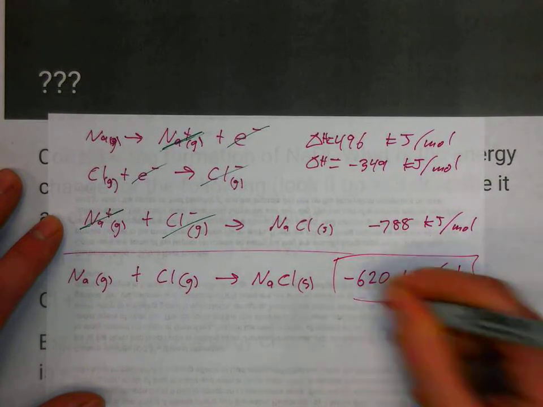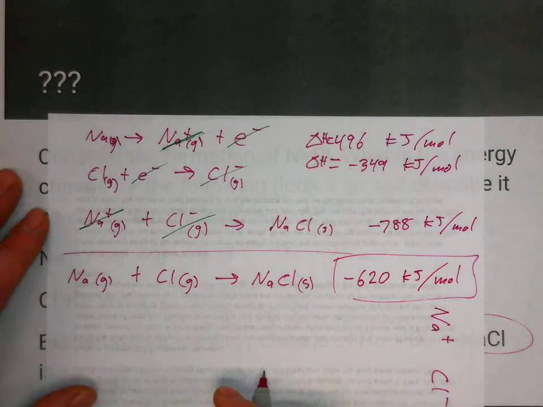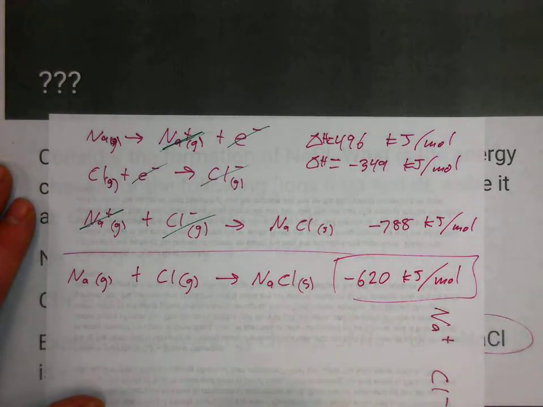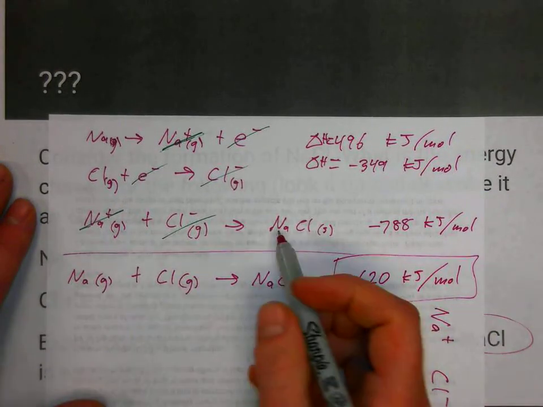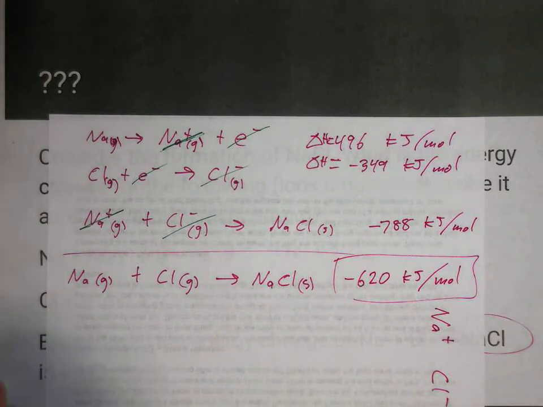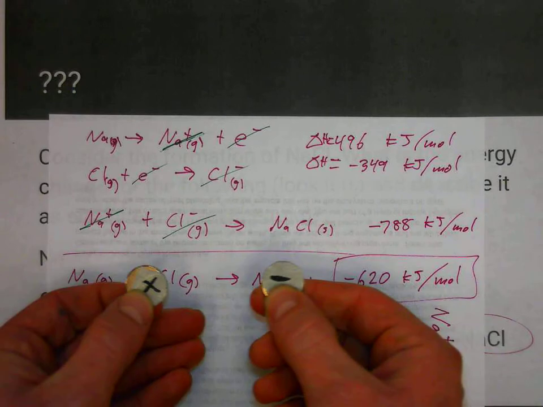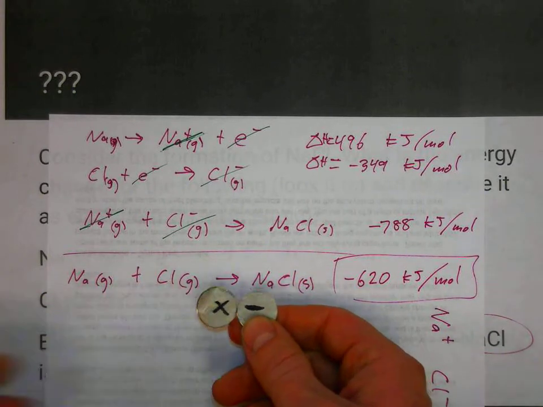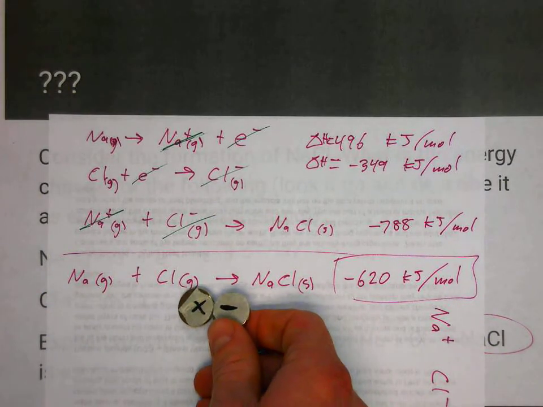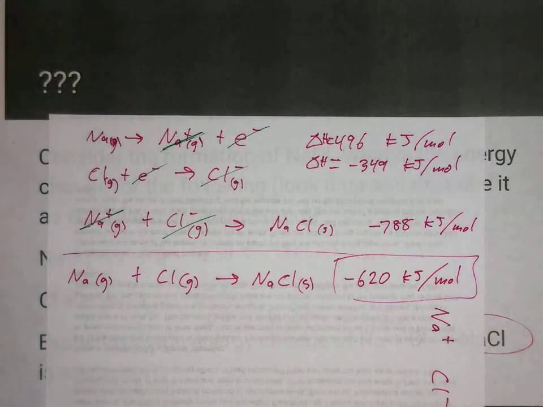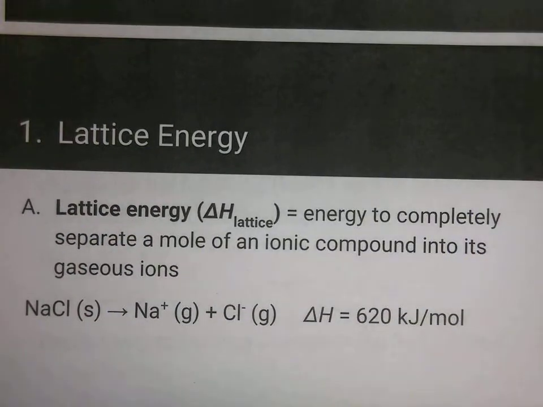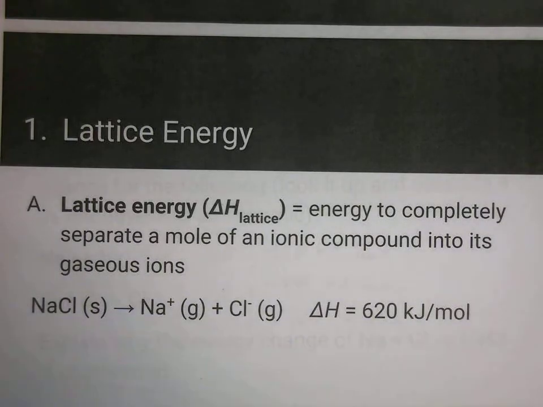And so we see that this is in fact exothermic if you consider the complete reaction that also takes into account the fact that we have ions that then come together, and that is a process that releases energy. So lattice energy is a way of describing the energy it takes to separate a mole of an ionic compound into its gaseous ions.